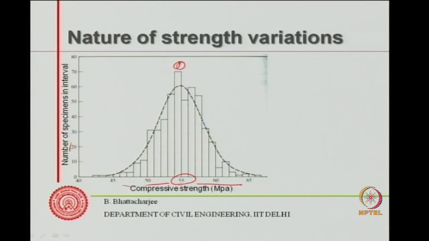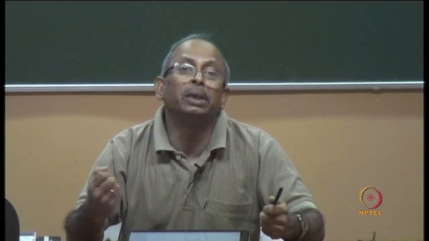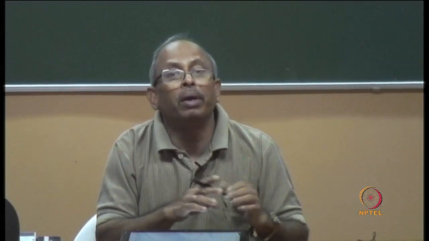Finally, you measured strength. Even the testing machine, interaction with the machine, every time the load it is showing, there are some errors in load measurement, minor random errors. So there are too many random errors which control the cube strength as measured. And statistics tells us from the central limit theorem that in such a situation a random variable which depends upon a number of random variables will vary normally.